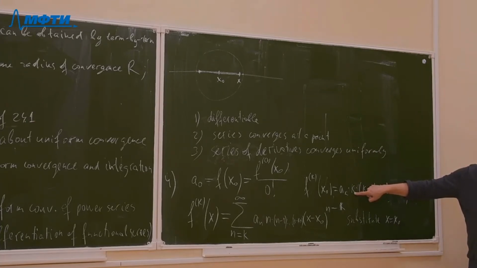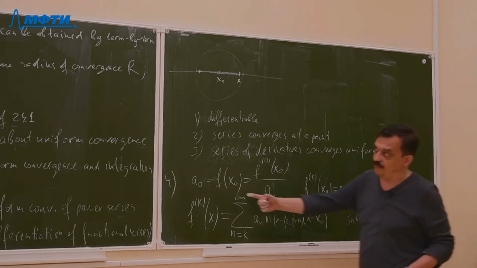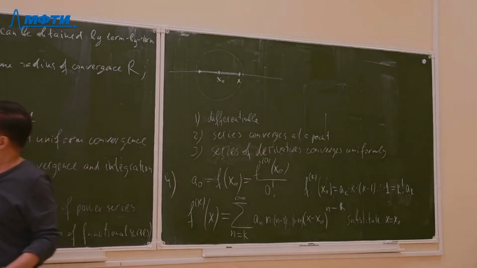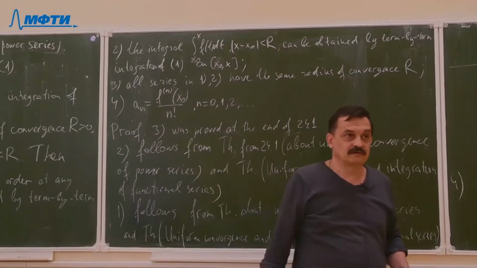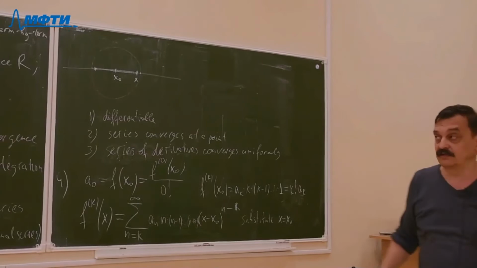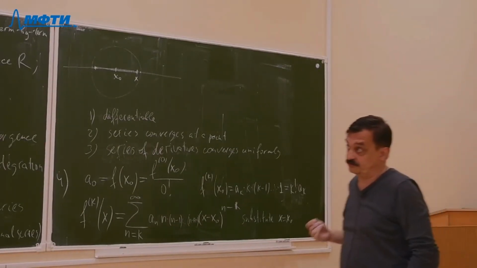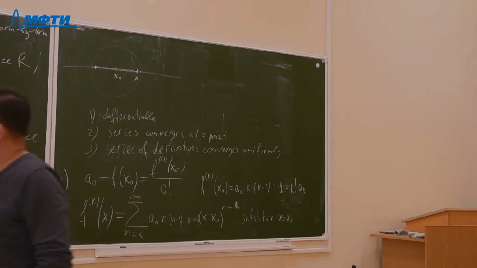That is k factorial. So we deduce our formula. Instead of n, k is written, right? So the fourth assertion is proved as well.